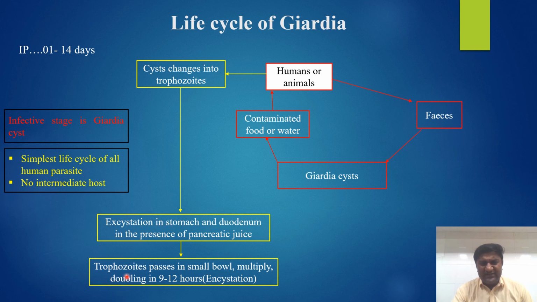The trophozoites pass into the small bowel and multiply, doubling in 9 to 12 hours, and encystation occurs. The infective stage is the Giardia cyst. It is the simplest life cycle of all human parasites, and no intermediate host is involved.